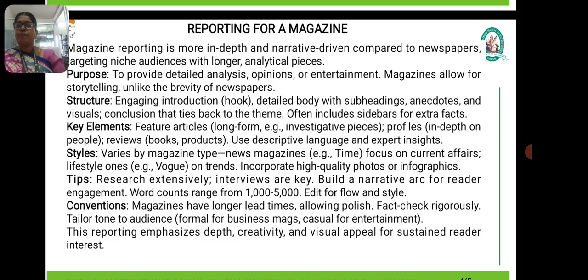The purpose of preparing a report for a magazine is to provide detailed analysis, opinions or entertainment. Magazines allow for storytelling, unlike the brevity of newspapers. So that is the difference between a report for a newspaper and for a magazine. It's like storytelling. It's a detailed analysis and it gives opinions based on the analysis, sometimes for entertainment.